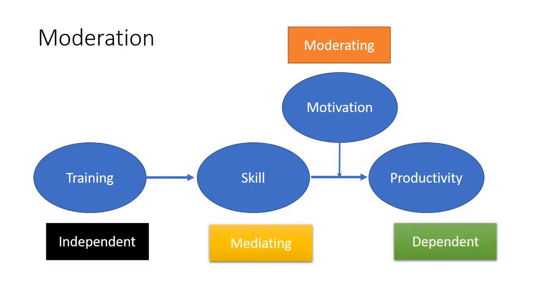So we call this variable a moderating variable, or a moderator. So now we have seen four different types of variables: independent variables, dependent variables, mediating variables, which are between two variables, and the fourth type, which is a moderator, which controls or moderates the strength of the relationship between two variables.